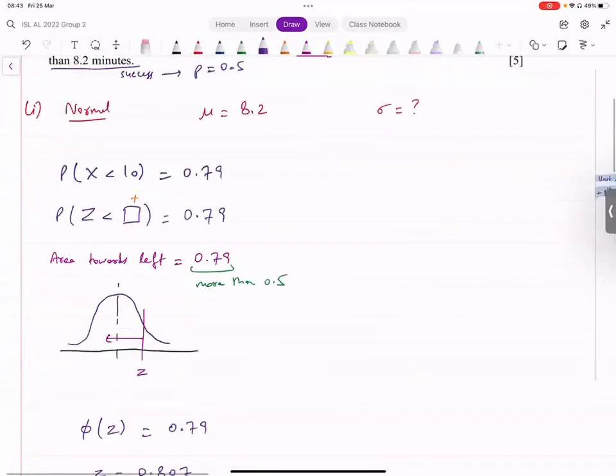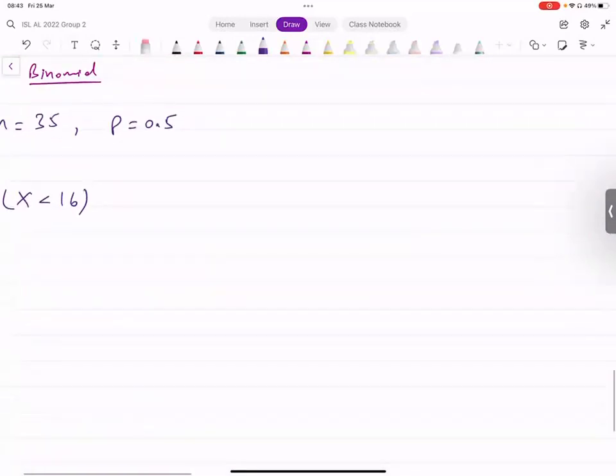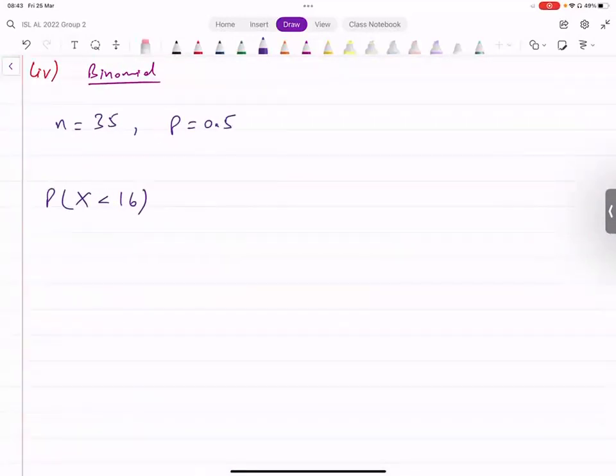Now, how do we find that? Fewer than 16, so that will be 0, 1, 2, 3, 4, 5, 6 until 15. सबकी probabilities निकालनी पड़ेंगी और उन सबको add करना पड़ेगा. Now, should we do that? Should we calculate all of that? Approximation. Binomial to normal.